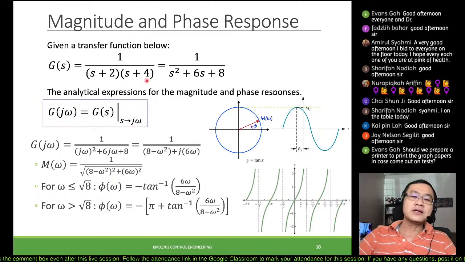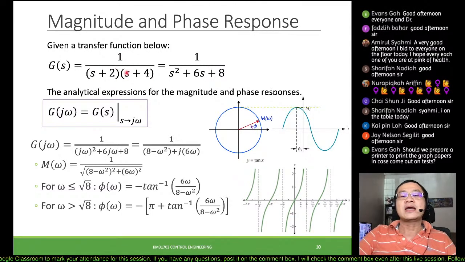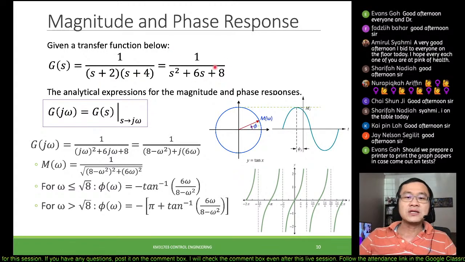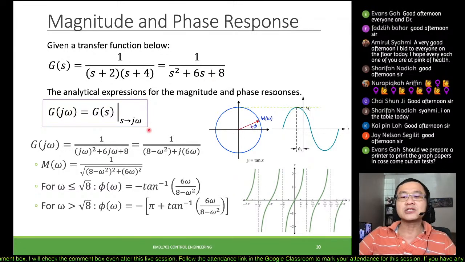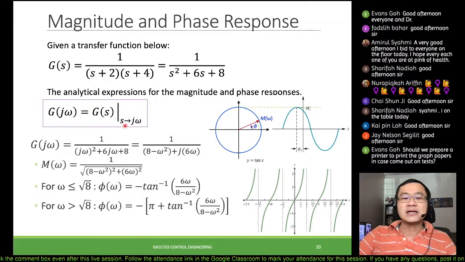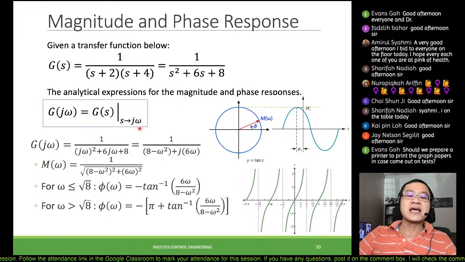So given a transfer function similar to this, let's say we take 1 over (s plus 2)(s plus 4), and we can always transform it into this form. When we try to plot it out, we will want to apply the analytical expressions such that s is now approaching j omega.